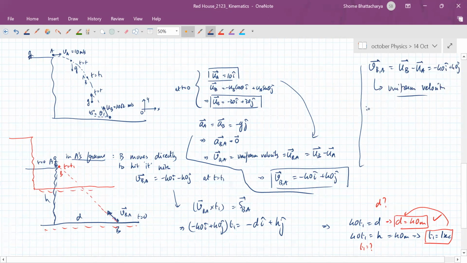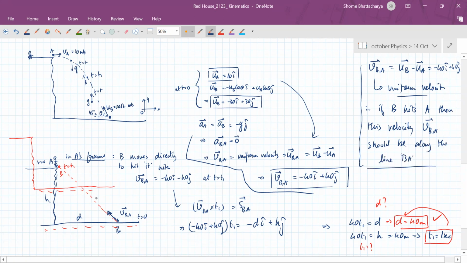Therefore, if B hits A, this relative velocity should be along the line of B, as you can see in the vector diagram.